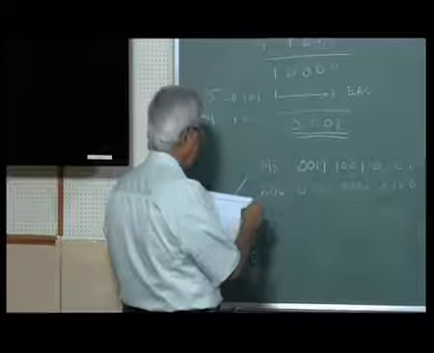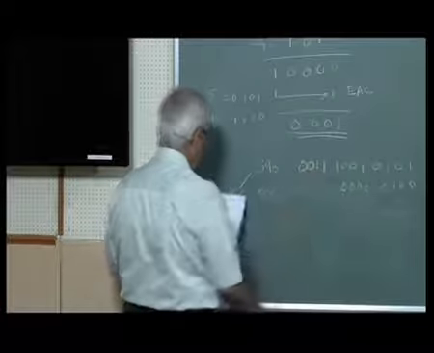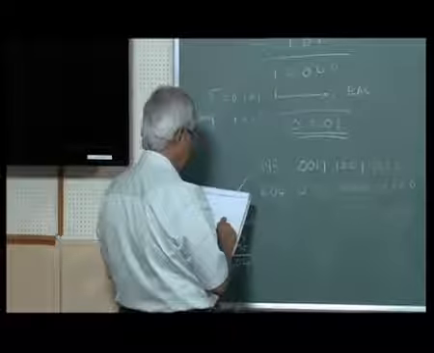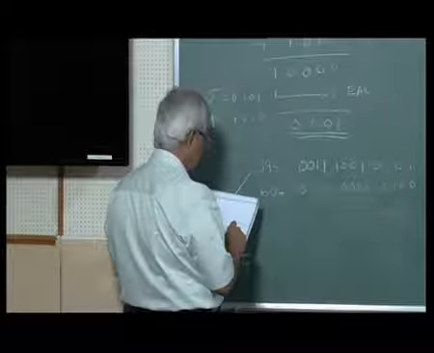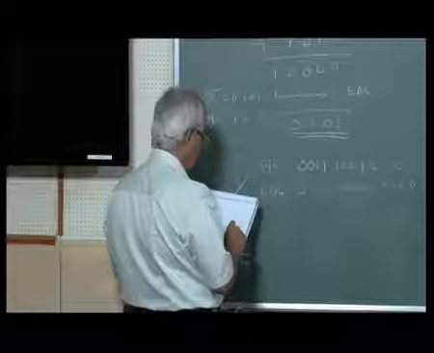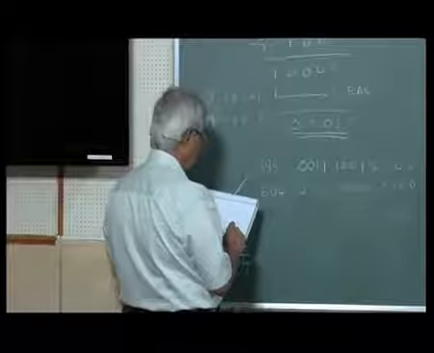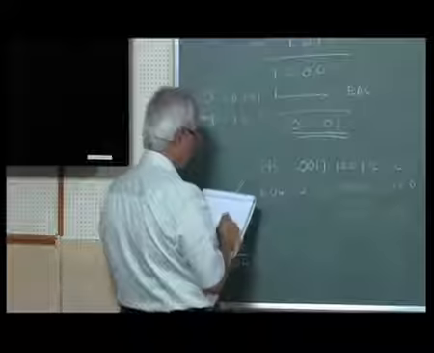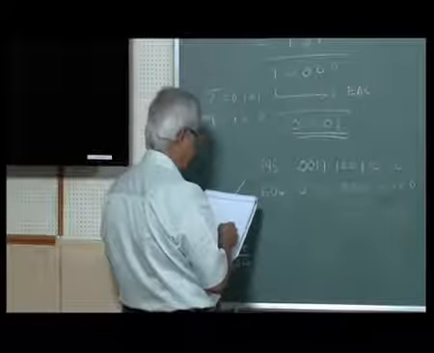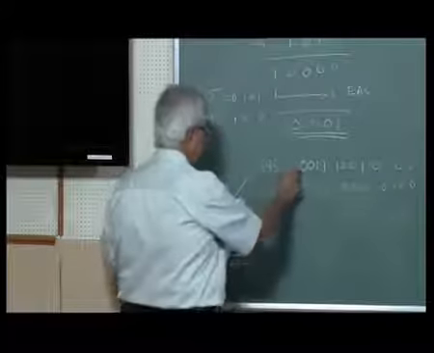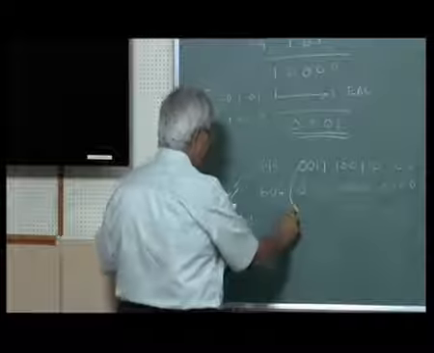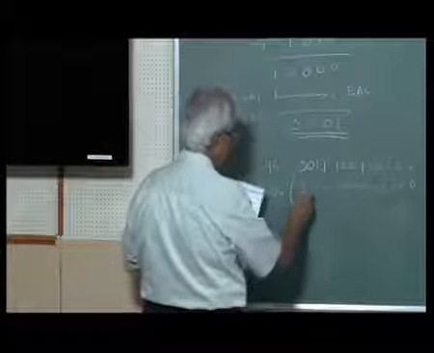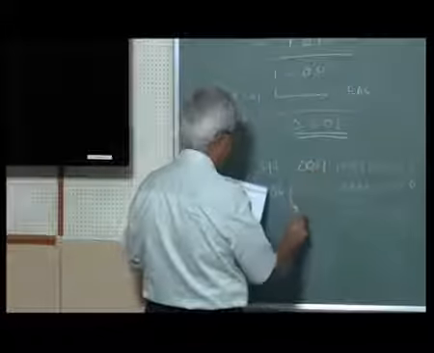This is 3, this is 6, this is 6, 6, 6, 12. So you have to add; if you express this in XS3, it becomes add 3: 3 plus 3 is 6.